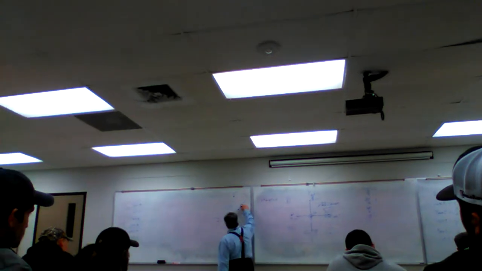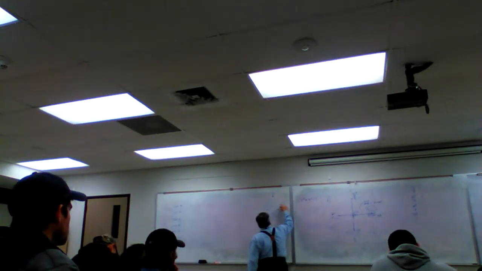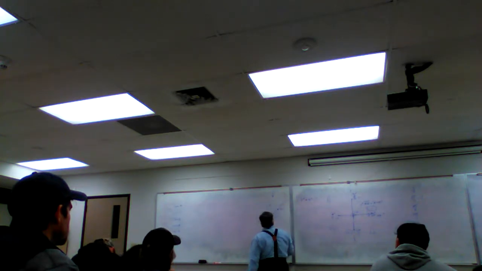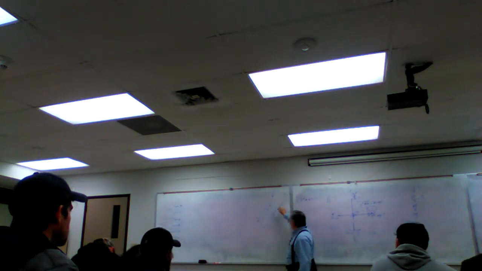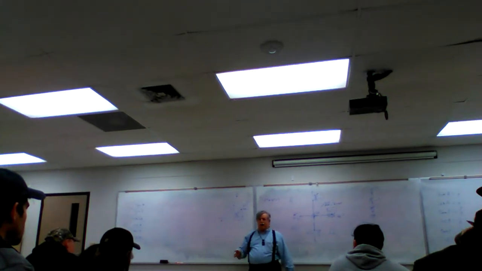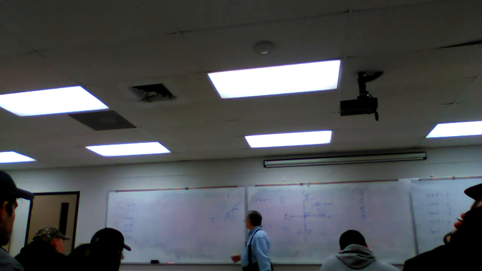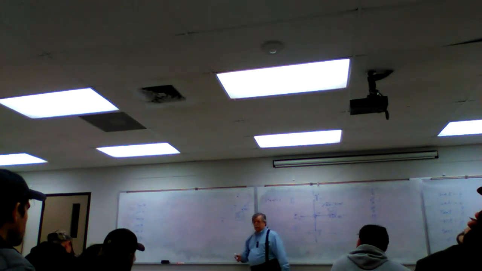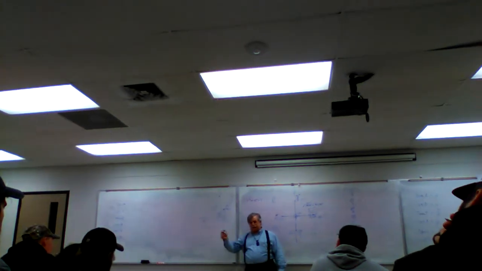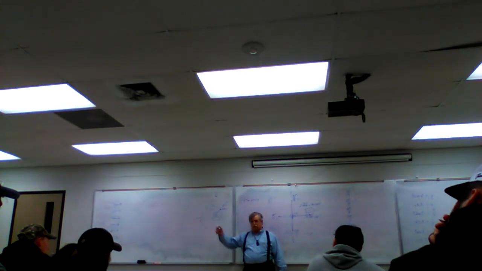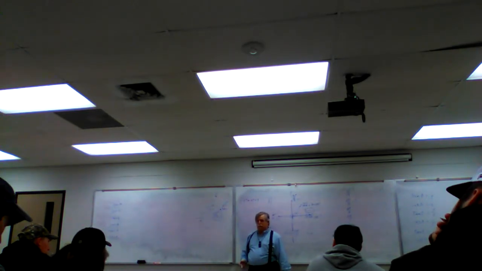So out here, x equals 1, y equals 1. Everywhere along that line, x and y are equal, because it's bisecting the angle. It's at 45 degrees. Okay?